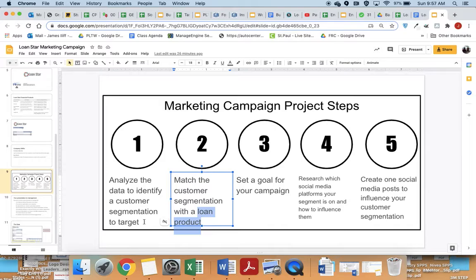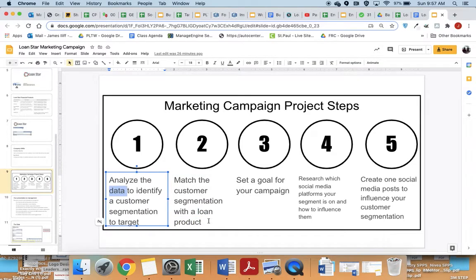So if you're going to target women aged 35 to 40 who are college educated, you're going to then try to match them with a loan product that you think makes sense for them. And you're going to base that all on the data.